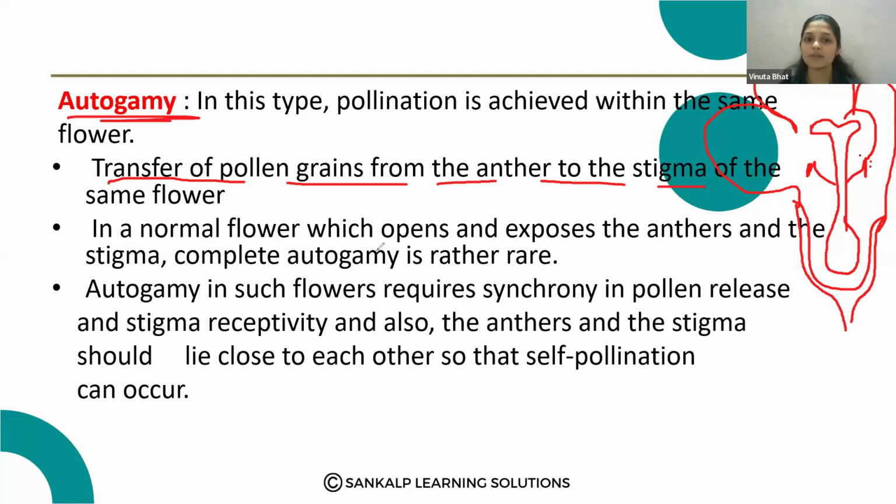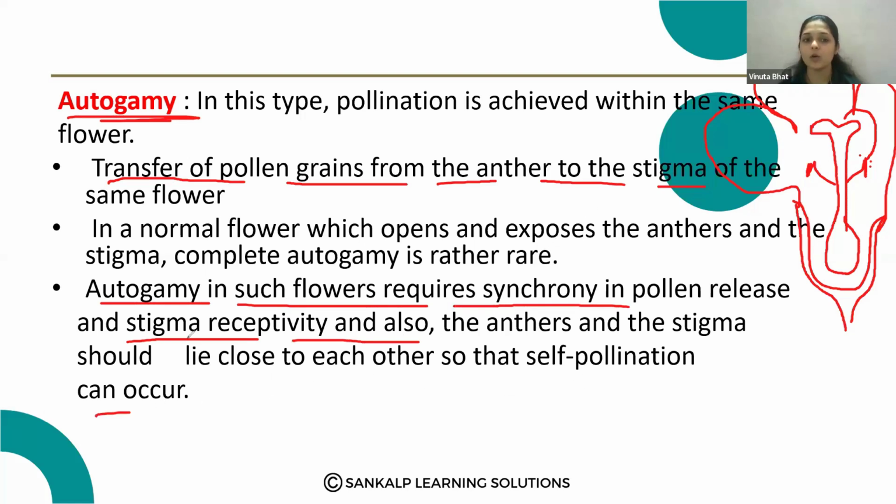In a normal flower which opens and exposes the anthers and stigma completely, autogamy is rather rare. Autogamy in such flowers requires synchrony in pollen release and stigma receptivity, and the anthers and stigma should also be close to each other so that self-pollination can occur.